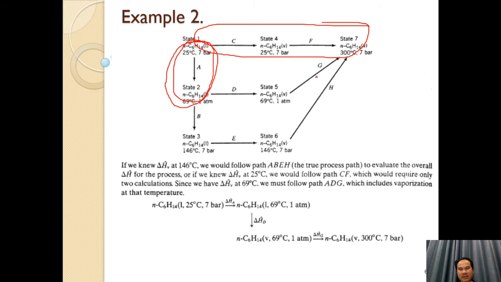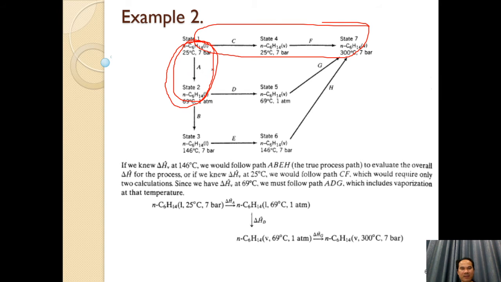For this case, from the step G, we have two. We increase the pressure from 1 bar to 7 bar first at constant temperature. For this case, ideal gas, we get delta U equal to 0, delta S equal to V delta P. And then for constant pressure and increased temperature, it is Cp.